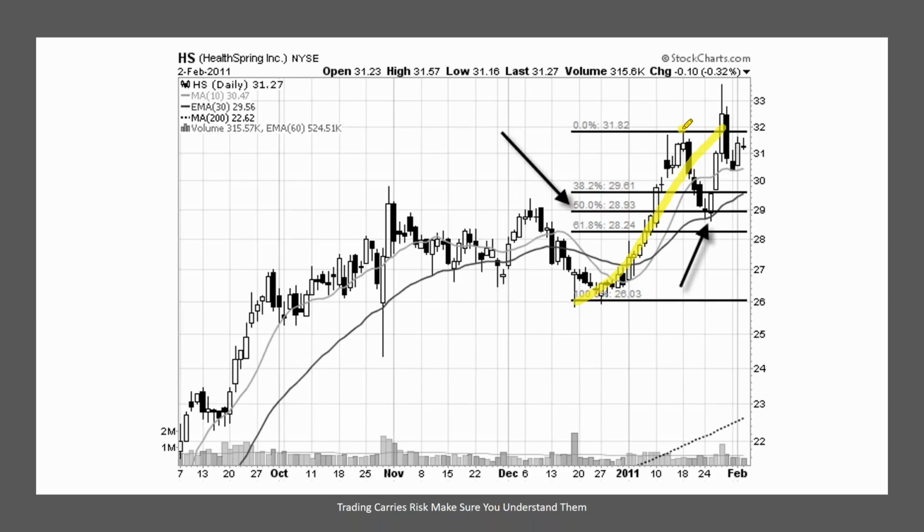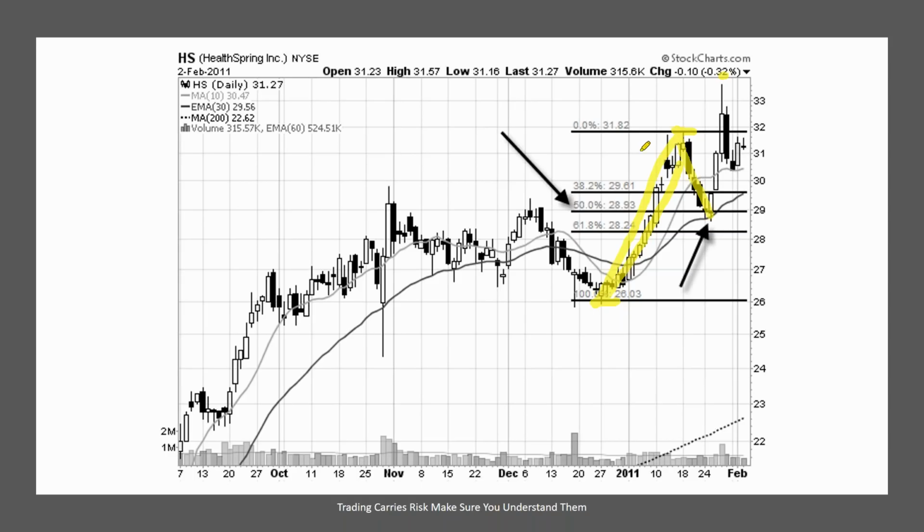So we locate the swing high, we locate the swing low of the previous trend. So we were in an uptrend, so this would have been the swing low of that previous uptrend. And then we have the swing high, not where it is now, but where that uptrend reversed, because then we went into reversal. And we pull our Fibonacci tool onto our chart.